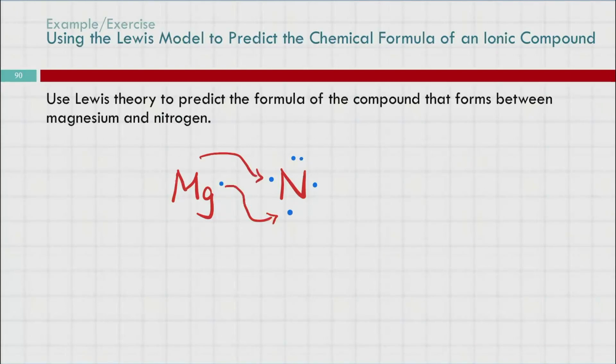That's going to result in us having zero electrons on our magnesium. Nitrogen is 1 short of a full octet. So to help out the nitrogen, we can say another magnesium is going to roll up and donate 1 of its electrons to the nitrogen.